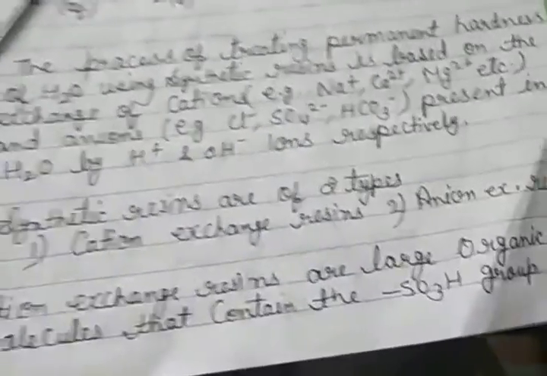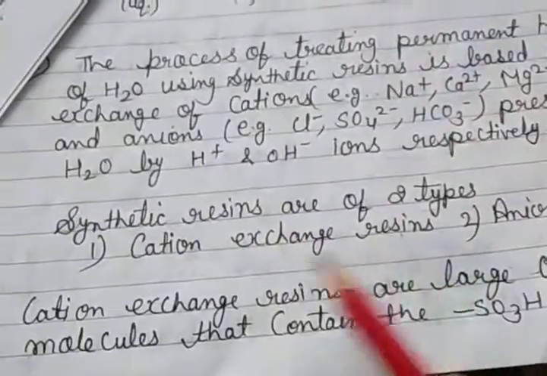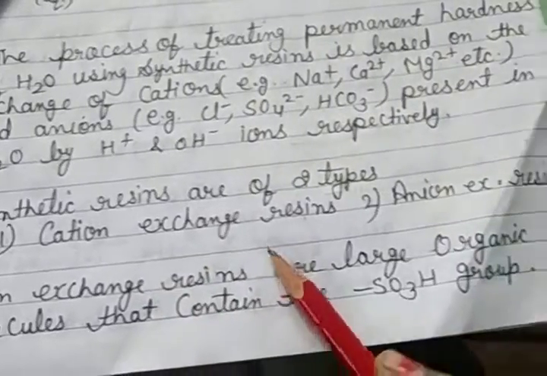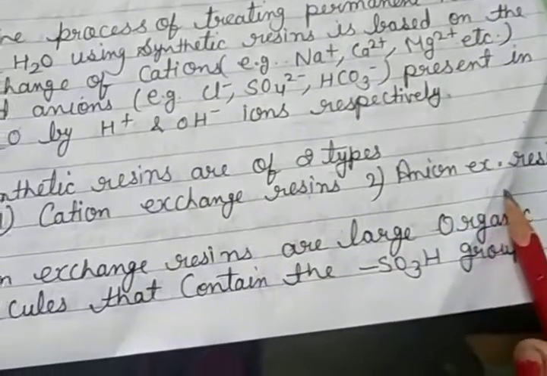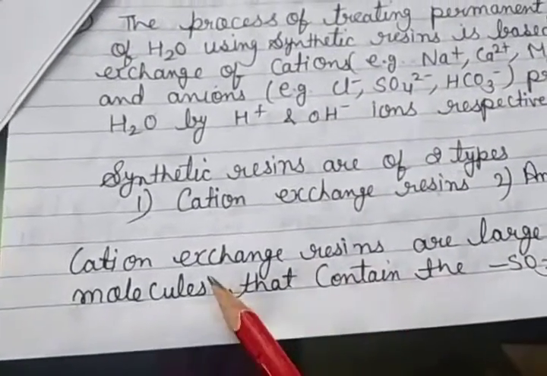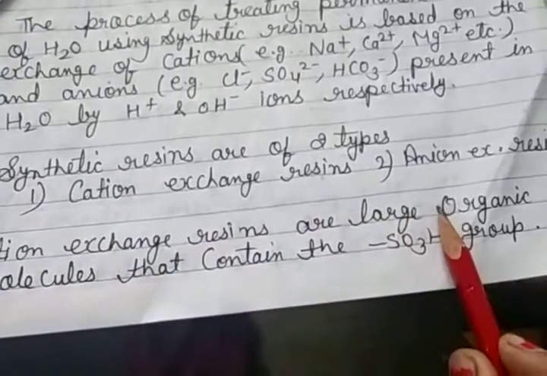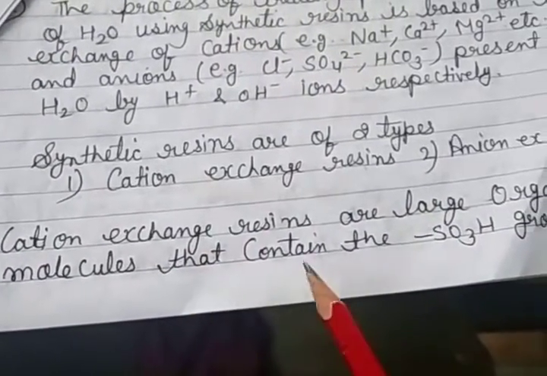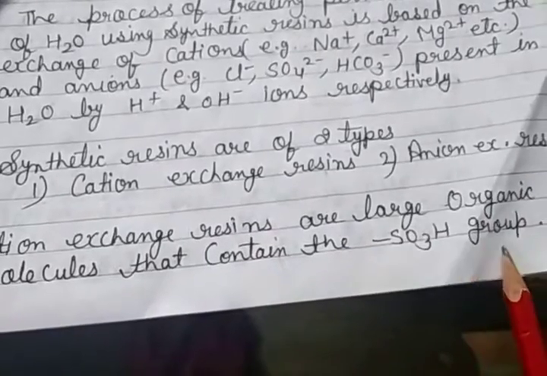Synthetic resins are of two types. First is cation exchange resins and second is anion exchange resins. Cation exchange resins are large organic molecules that contain the sulfonic group, SO3H.